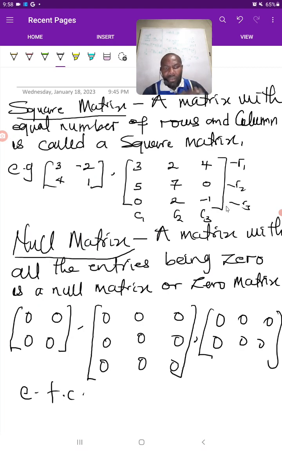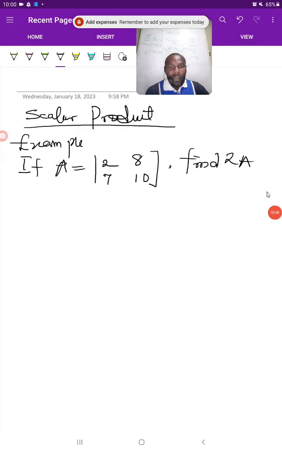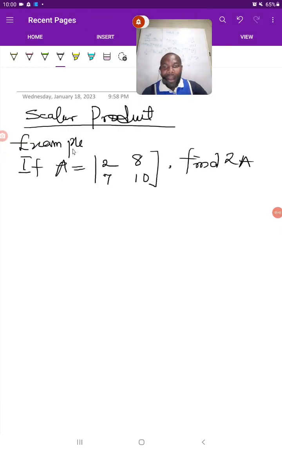So we would like to solve examples. Before we go, there is one operation of matrices which we want to talk about, from which the examples start. Today we want to talk about scalar products. It is part of the operations of matrices, under the multiplication of matrices. This is the first thing you come across in multiplication of matrices.